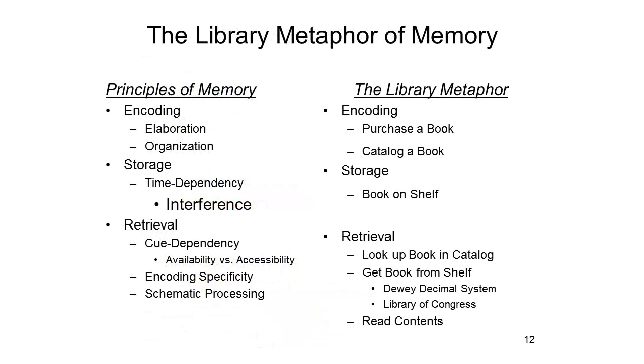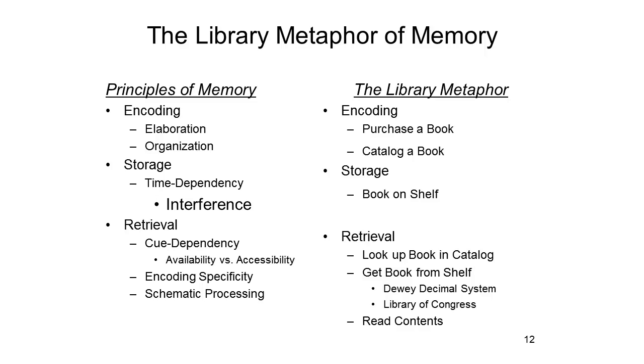So far, our analysis of memory has been guided by what has been called the library metaphor of memory. In this metaphor, memories are represented by memory traces, which are like books which contain information. Memories are encoded just as books are purchased and cataloged and shelved by librarians.